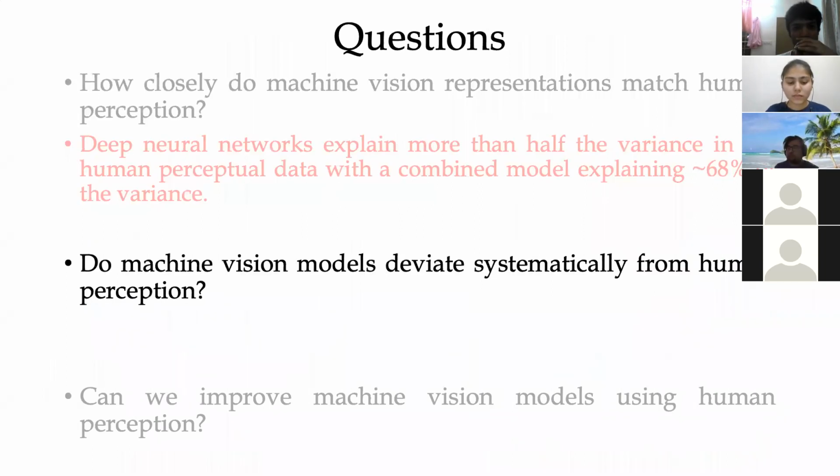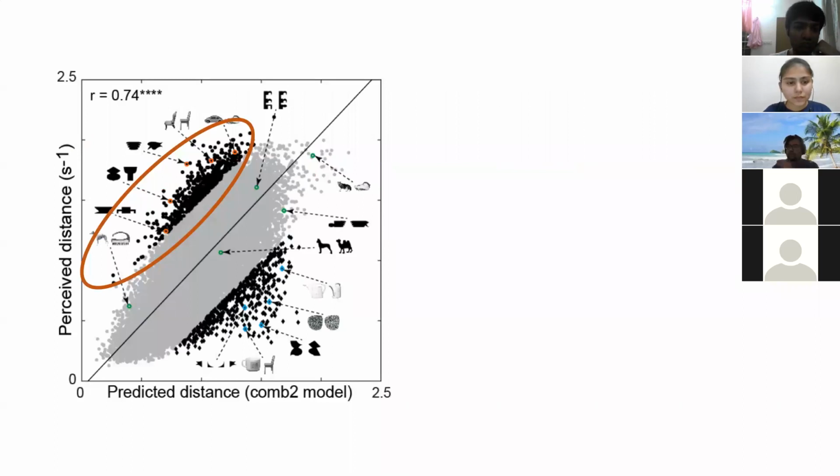So let's move on to the next question. Do machine vision models deviate systematically from human perception? We saw that there's this huge gap between perception and models, with even the best model explaining only 68% of the explainable variance, right? So is there some systematic deviation there? To do this, let's take a closer look at the plot I showed you before. On the x-axis is the predicted distance from the combined model.